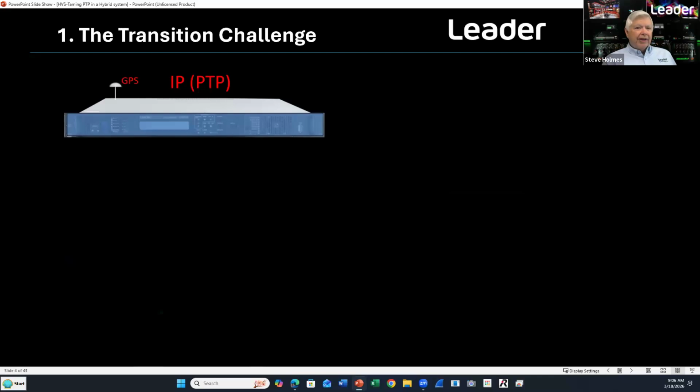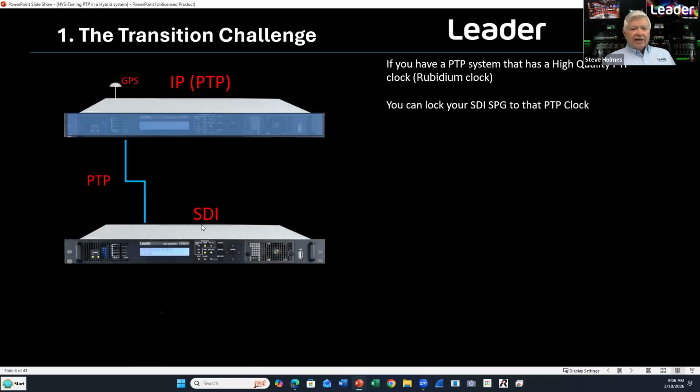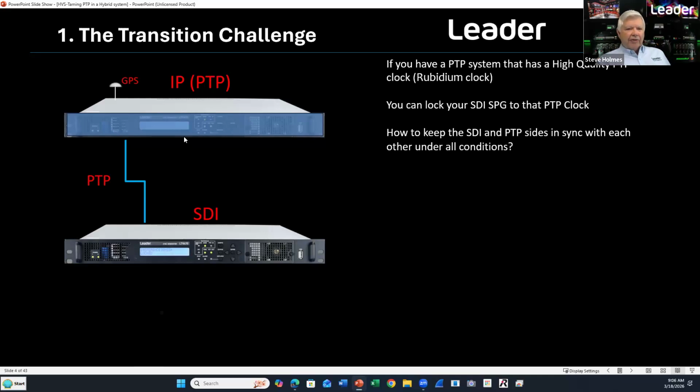So we can put in a PTP generator and sync my SDI off of that PTP and then run things. But we run into the same exact conditions. Now, the beautiful thing here is since it is linked via PTP, it will have the same exact quality that the PTP generator has from GPS, but we still have that link between the two.